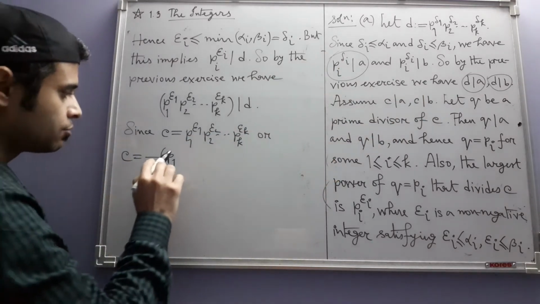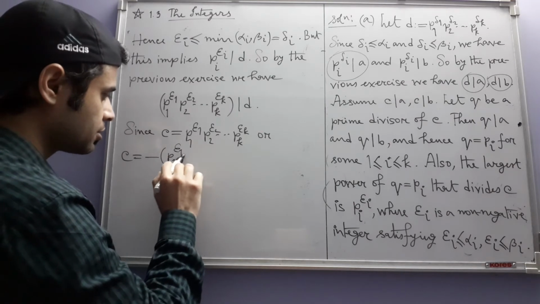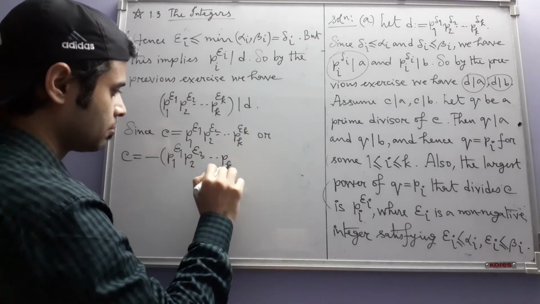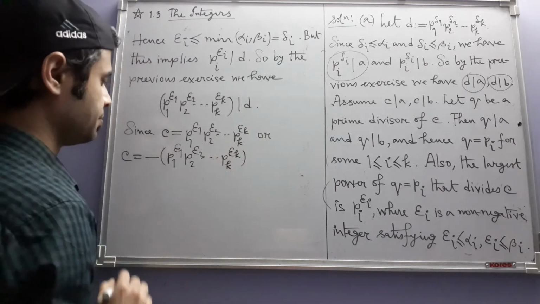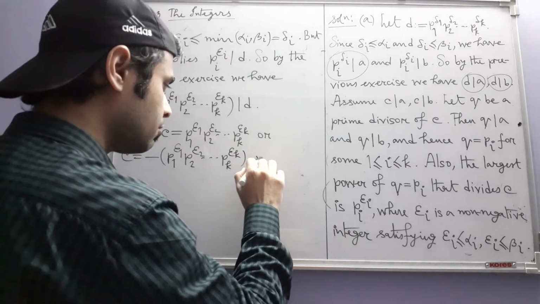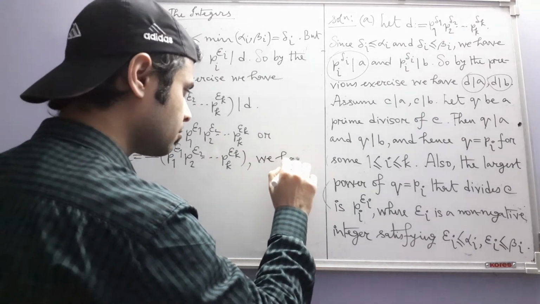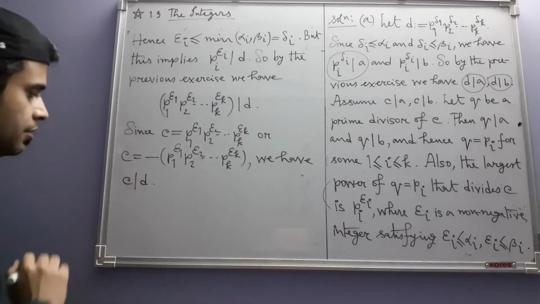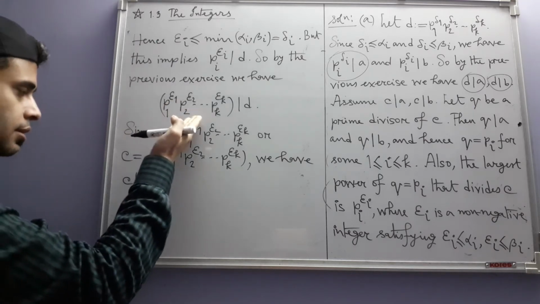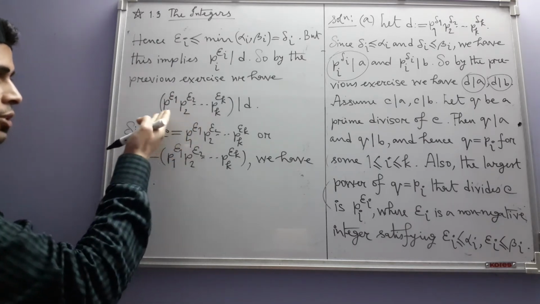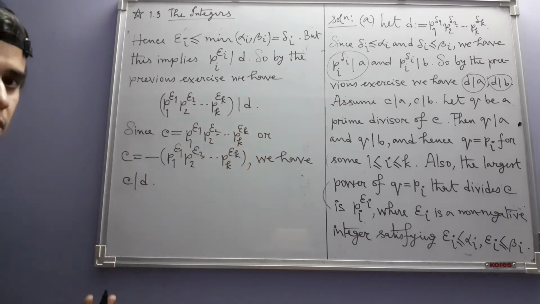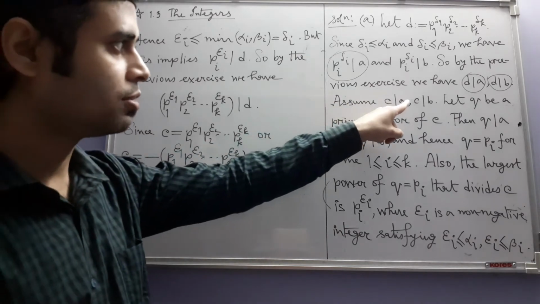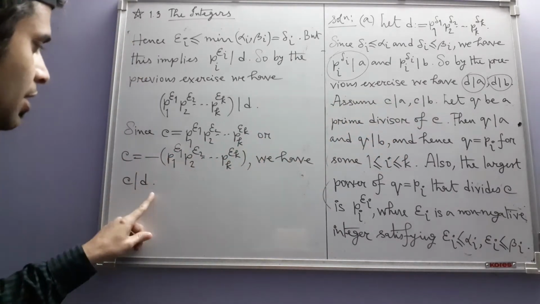To account for that fact, we have to consider this case also. pk to the power epsilon k, we have C divides D. Whether C is this integer or it's negative, since this divides D, so C divides D. And that's what we wanted to show, right? C is any common divisor of A and B, then C divides D.